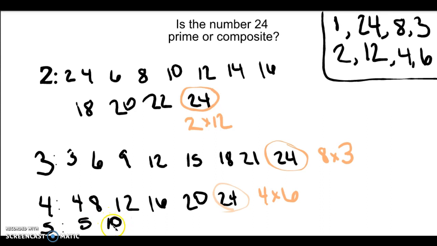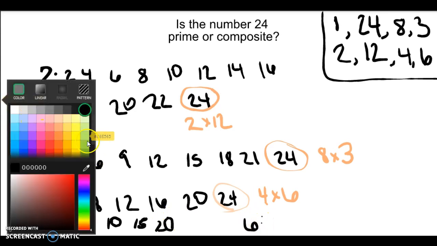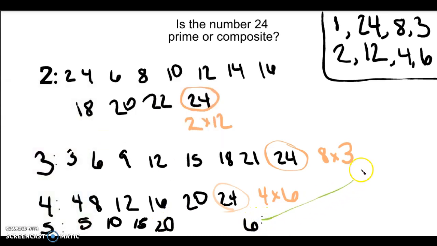So I can already tell I'm never going to hit 24 skip counting by 5s. Okay, that one's going to be a no-go. And I could do the number 6, but do you see that the number 6 is already in our factor box, right? I already know it's a factor. Okay, so as soon as I hit a repeat number like that, I know I'm done.